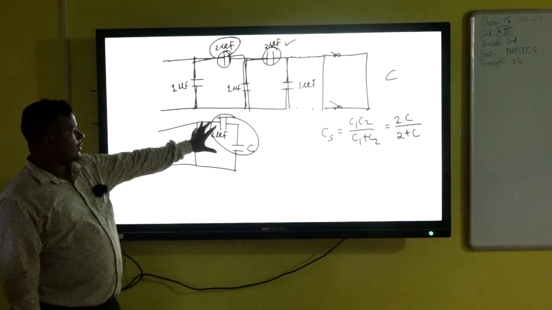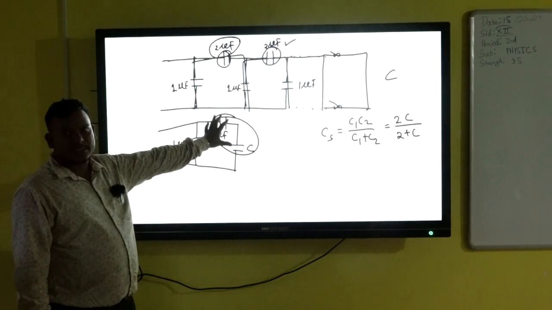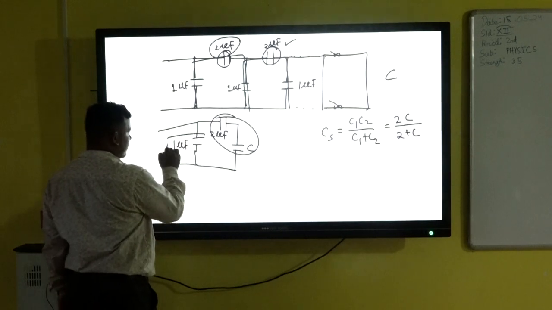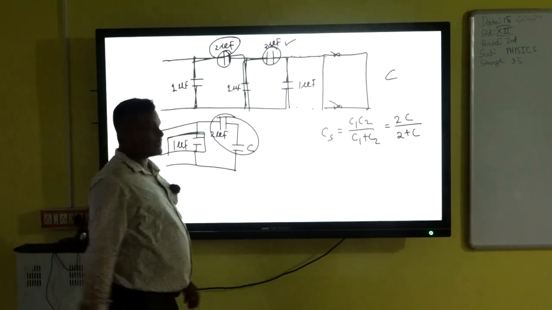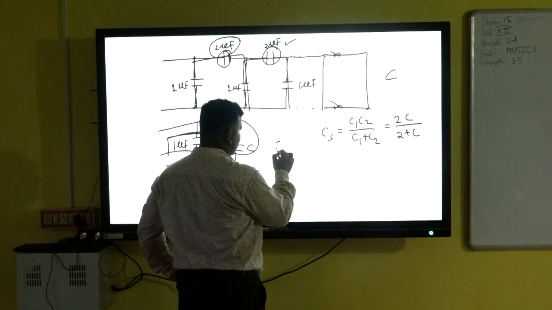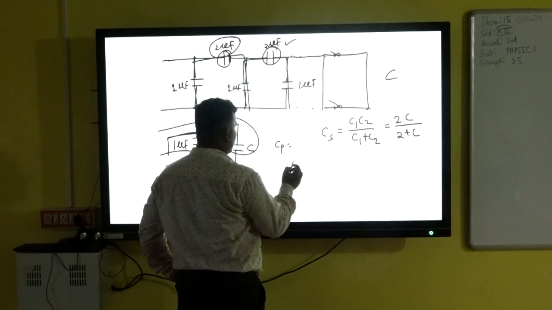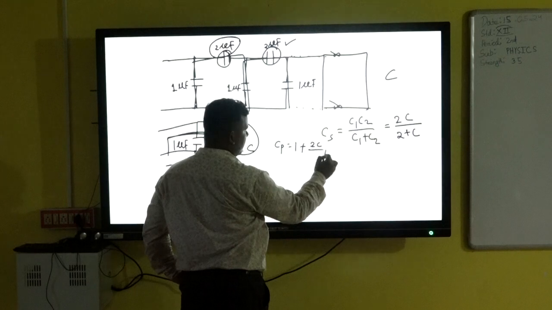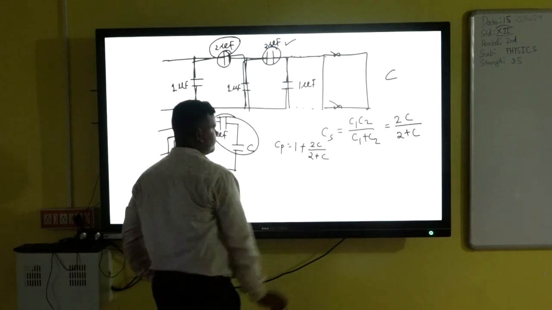Now the resultant capacitance of these two capacitors will be in parallel with this 1 microfarad capacitance. So our total capacitance in parallel is 1 plus 2C by 2 plus C.